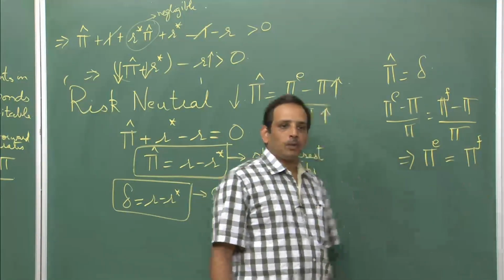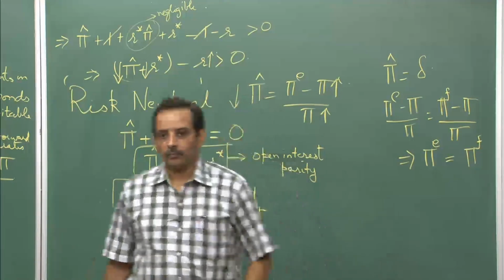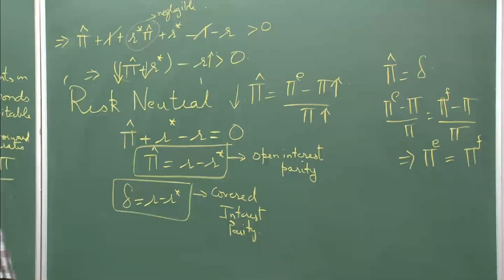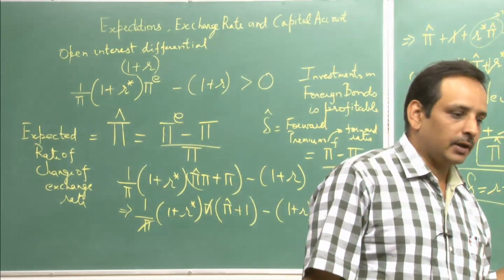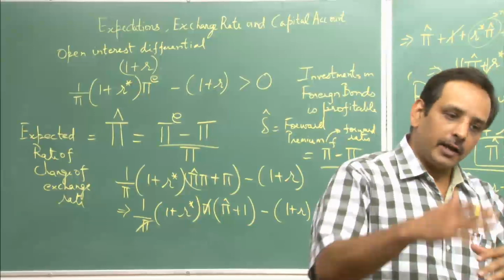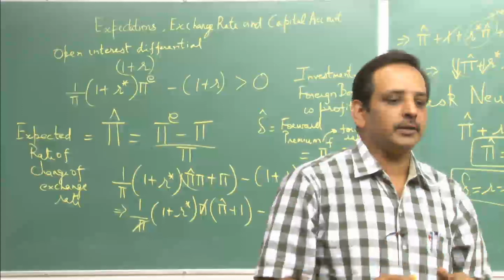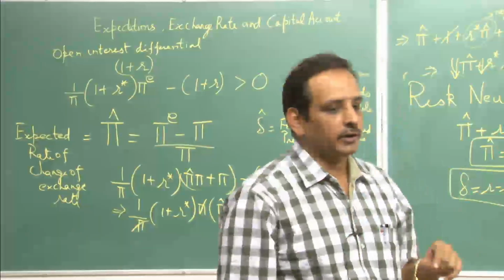But isn't the forward rate also kind of an expected rate for tomorrow? Yes, but you have data for it because you have markets for it, and we will see once we discuss the foreign exchange markets, we will go to the forward markets. Again, you have a demand for it, you have a supply for it, and then the forward rates are determined.